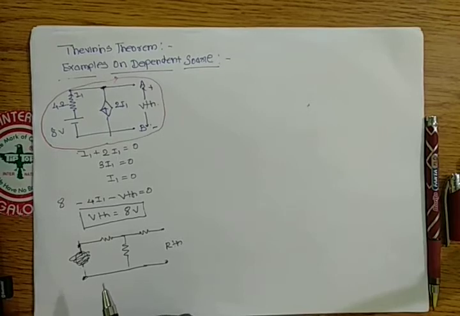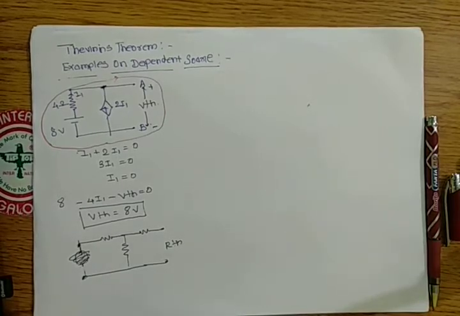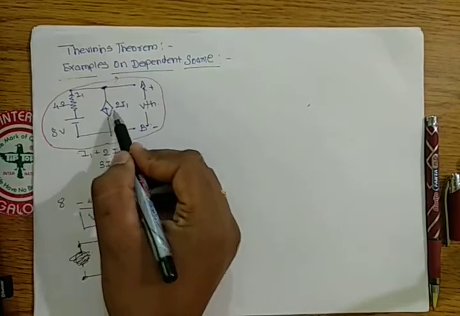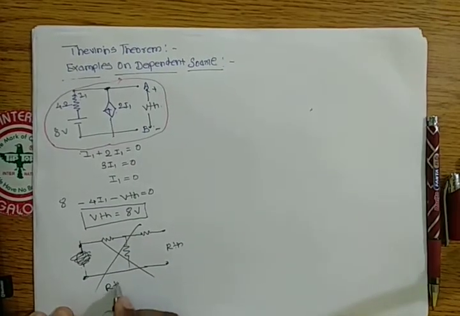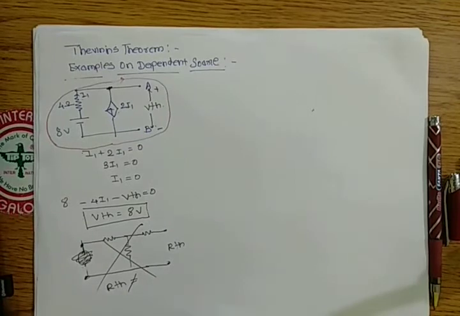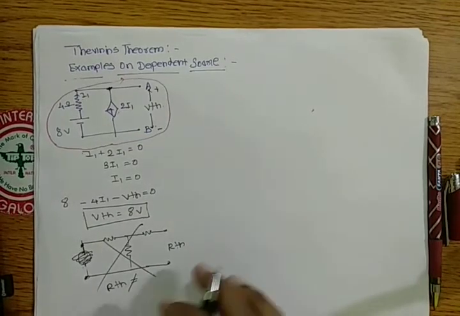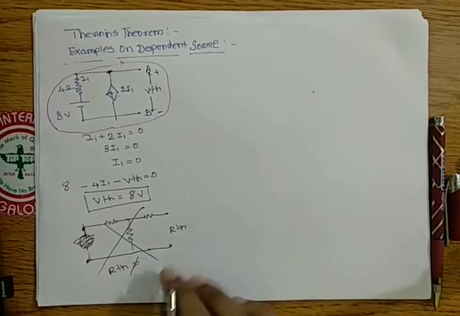But a dependent source depends on another quantity, so we can't remove that source, and we can't calculate RTH.